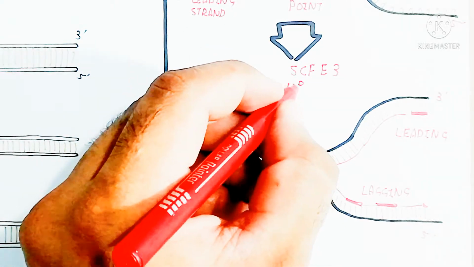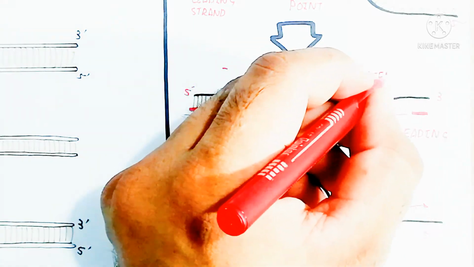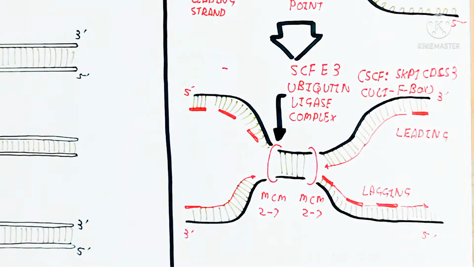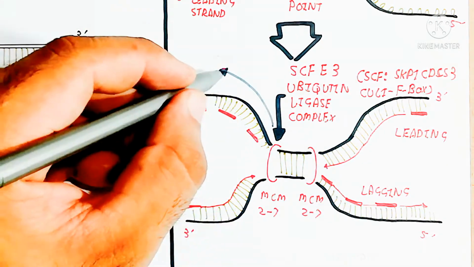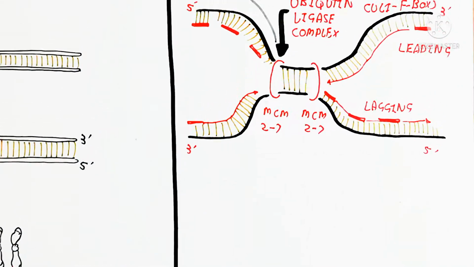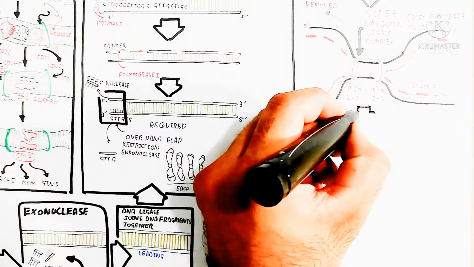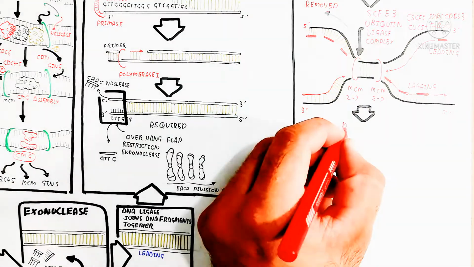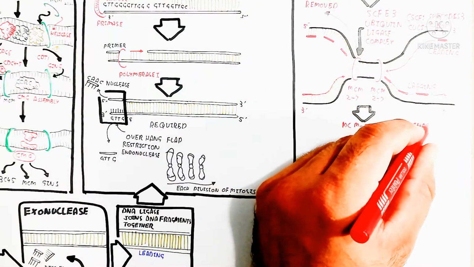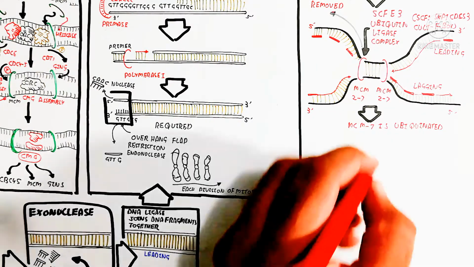You can see that the SCFE3 ubiquitin ligase complex will be formed, which binds at the site of the MCM2 to 7 monomers. The SCF is another protein complex which contains SKP1, CDC53, Cullin 1 and F box, which is the binding site.